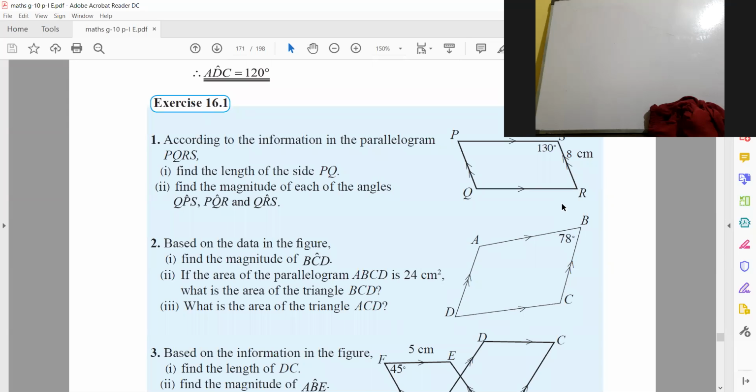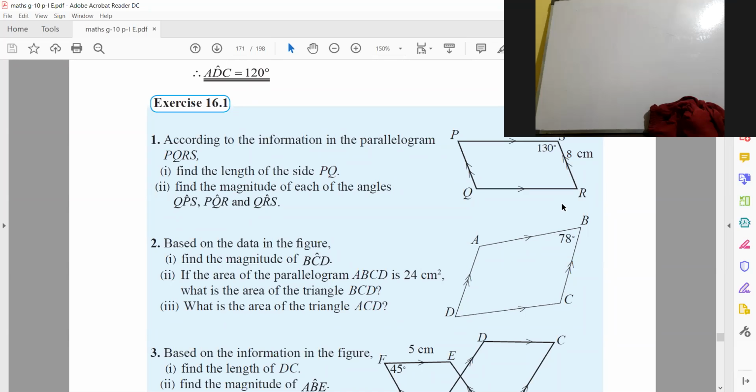The length of side PQ is given as 8 centimeters. Now they are asking for SR. As this is a parallelogram, you know the opposite sides are equal to each other, right? Therefore, the side SR is equal to PQ, so this is also 8 centimeters. Therefore, the answer for the first part is 8 centimeters, right?